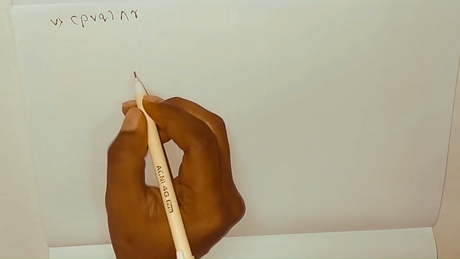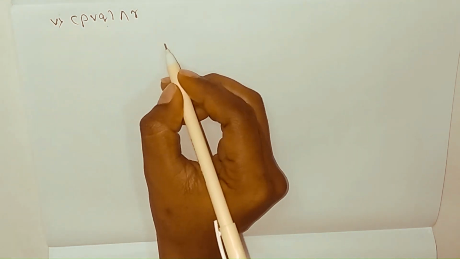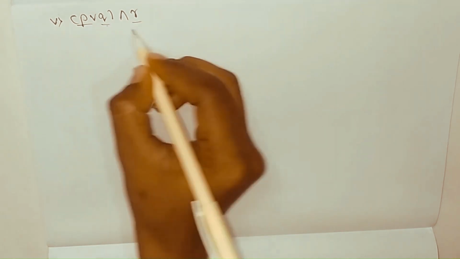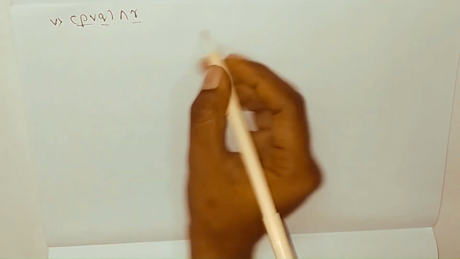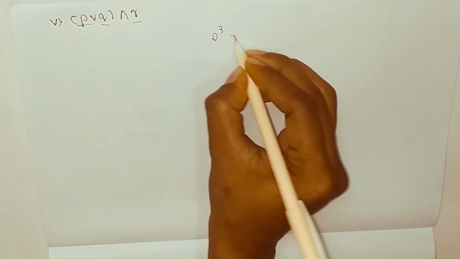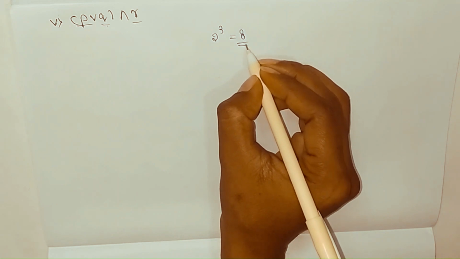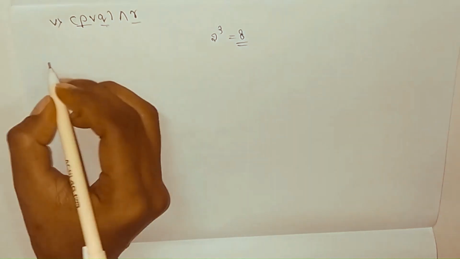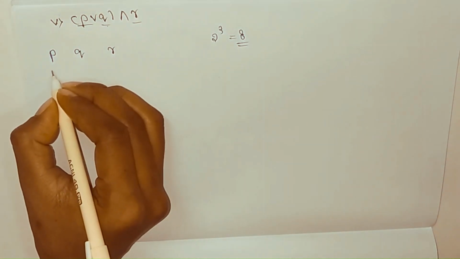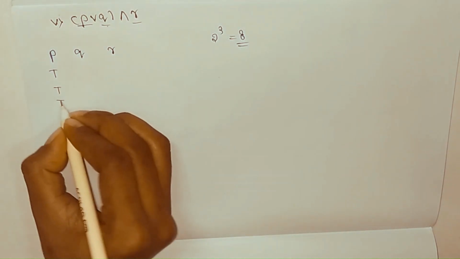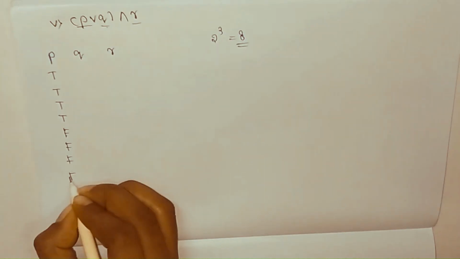So the next example is P or Q and R. Here we have three symbols, means here we have three statements. So the number of truth values are 2 cube is equals to 8. So the total number of possible truth values are 8. Let us see what are they. P, Q, R. P statements are true, true, true, true, false, false, false, false.